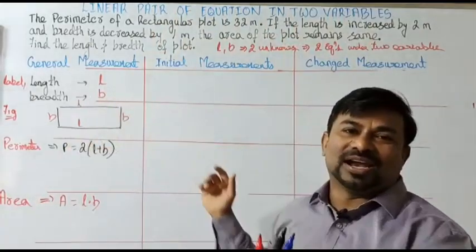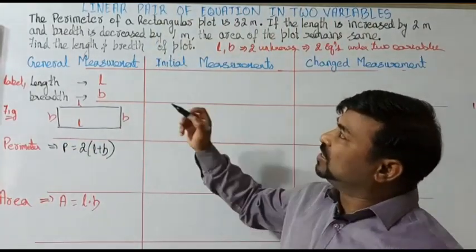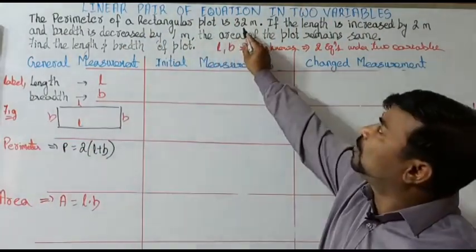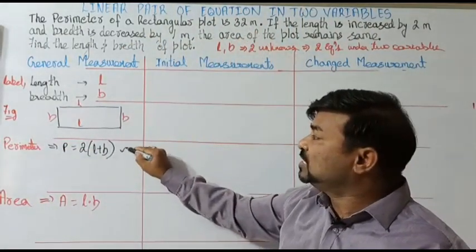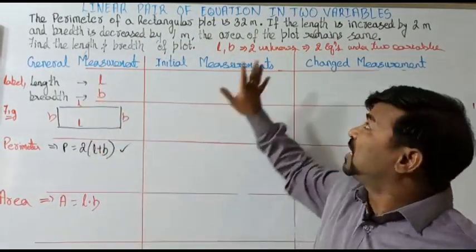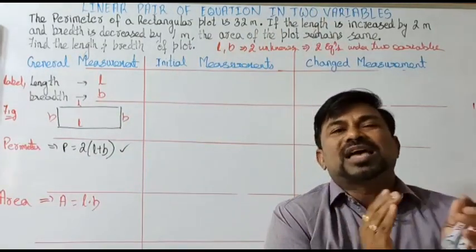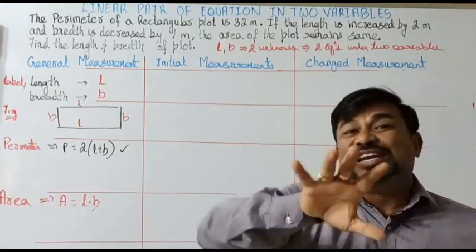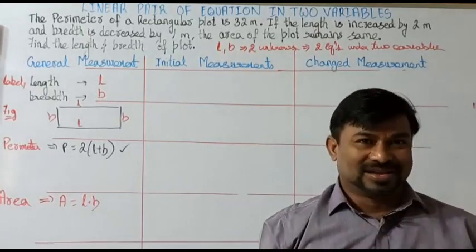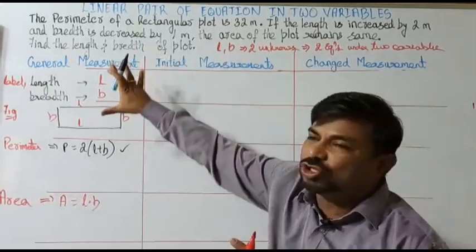He has given the perimeter of the rectangular plot as 32, but these are the general measurements. As we are dealing with a linear pair of equations, generally the unknowns or variables we take as x and y. Therefore the first thing we are taking is this general thing.